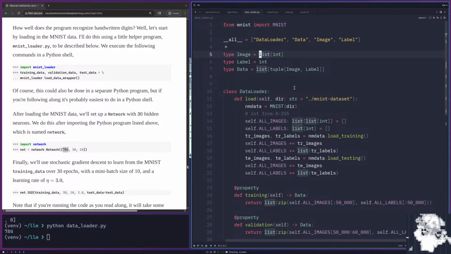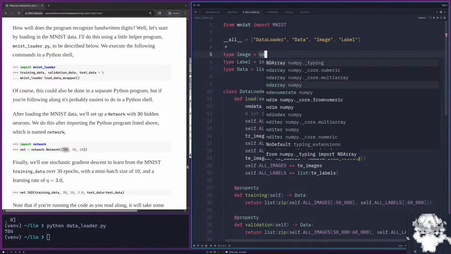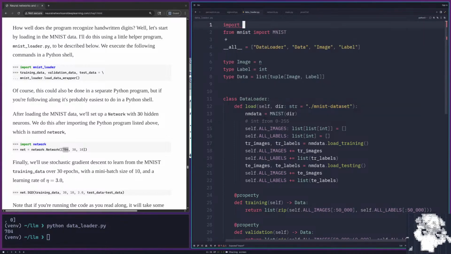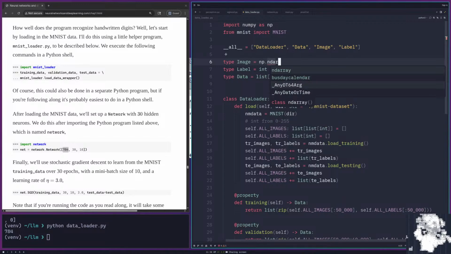Which is a problem. So image should be an np.ndarray, from or import numpy as np.